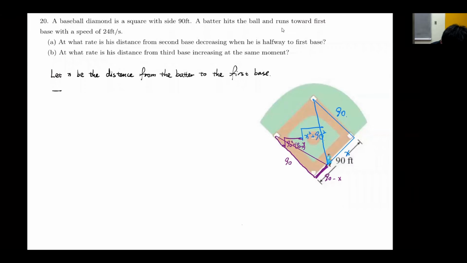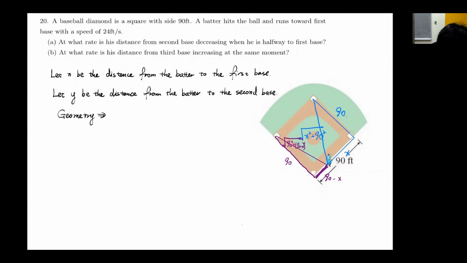Then also let y be the distance from the batter to the second base. Then the geometry we have analyzed before will tell us that y equals the square root of x squared plus 90 squared. So apply d/dt on both sides.